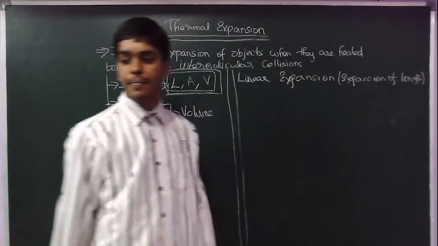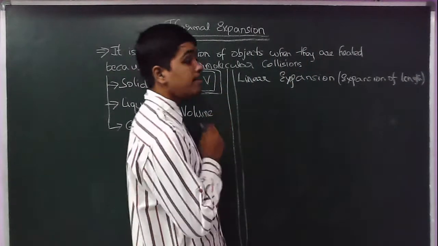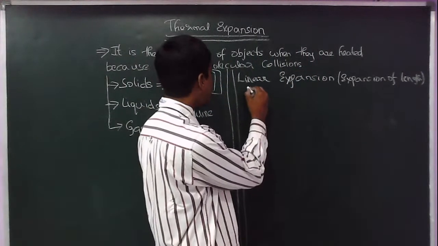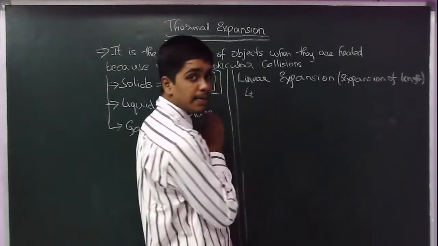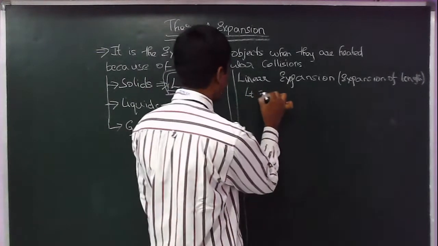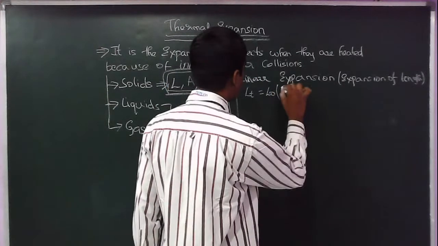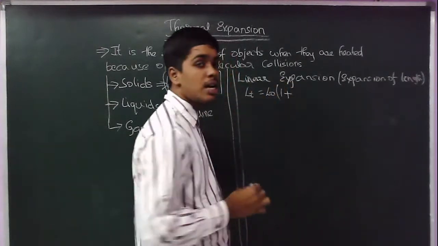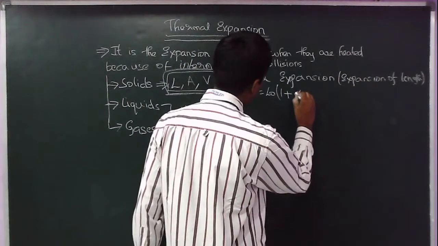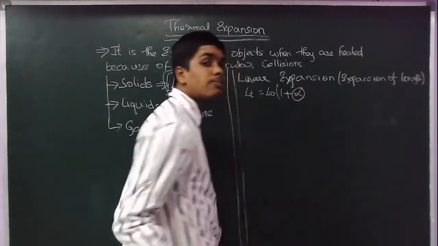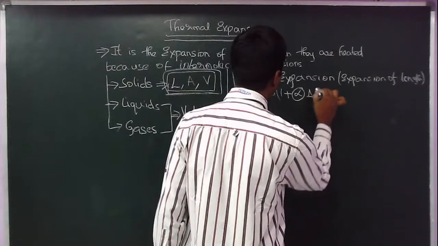Now expansion of length. So it will be LT. That means the length at temperature T is equal to L naught, the initial length, into 1 plus alpha. What is meant by alpha? Coefficient of linear expansion into delta T.